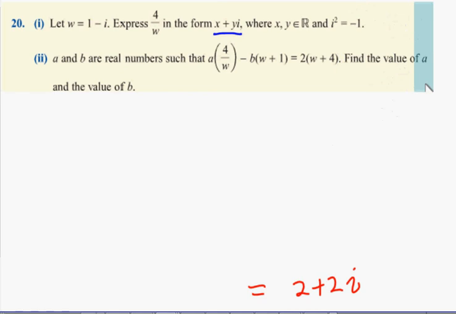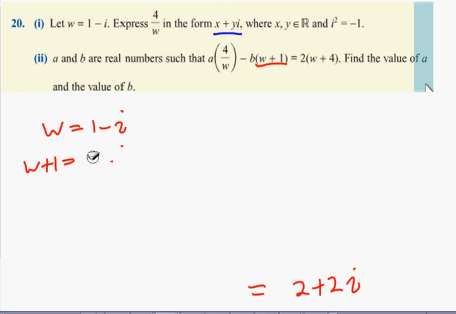Now, what you do with the first part is this. You write down a list. w plus 1. w is 1 minus i. w plus 1, therefore add on a 1. So you're going to get 2 minus i, because you have to add on 1.